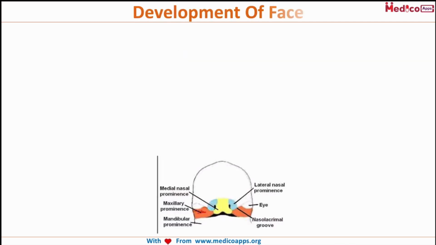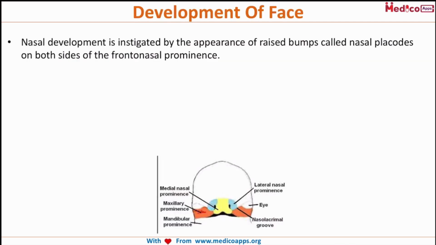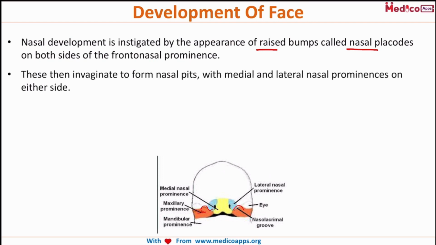Then next what happens? Nasal development is instigated by the appearance of the raised bumps called nasal placodes. So here will be nasal placodes on both sides of the frontonasal prominences. Then they invaginate to form the nasal pit with medial and the lateral nasal prominences on either side. So these are the prominences you can see, and these are the pit.